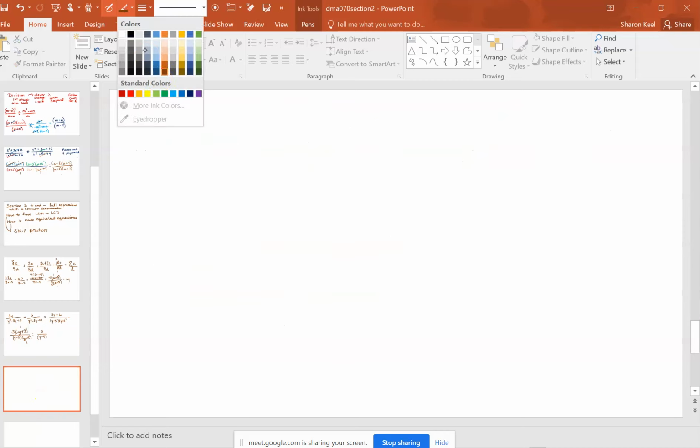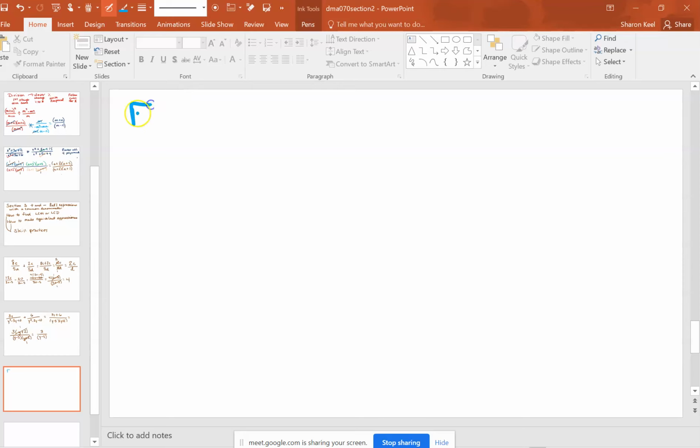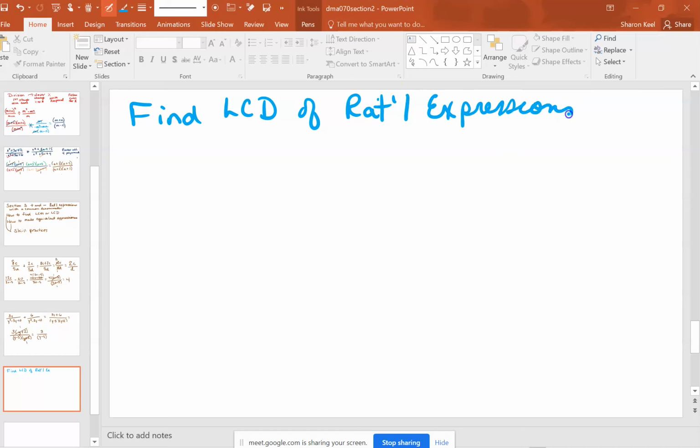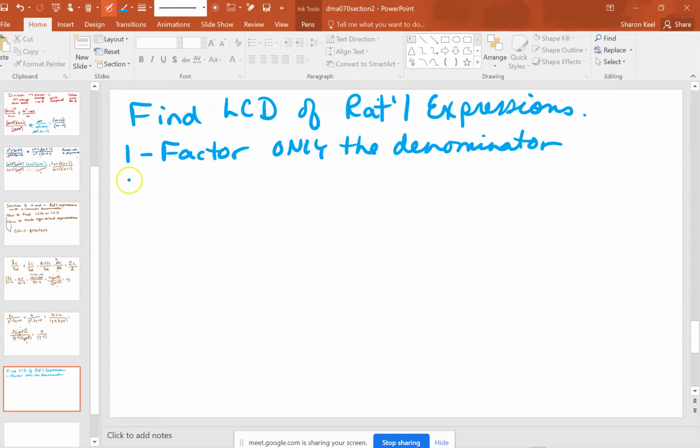So now what we're going to look at is a skill practice. The skill practice we're going to look at is to find the LCD of rational expressions. Simple steps. We're going to factor only the denominator, and then we're going to determine the LCD.